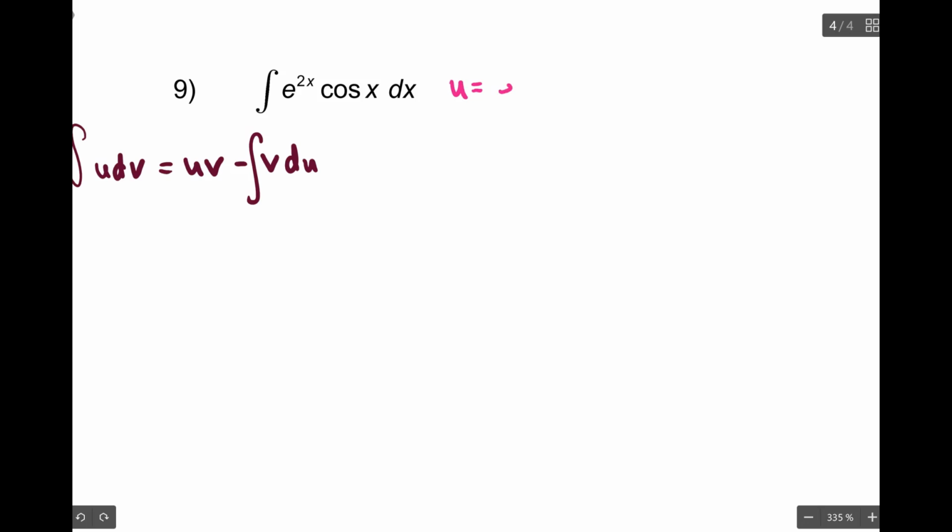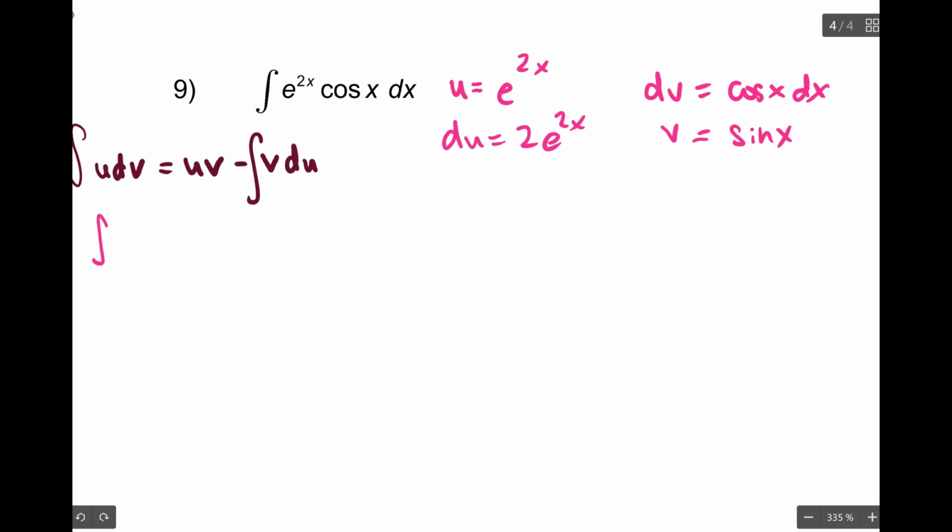So I'm gonna let u equal e to the 2x because that's pretty easy to differentiate. So du is just gonna be 2 e to the 2x. dv is going to equal cosine x dx. So when I integrate that, v is going to equal sine of x. Okay, cool. So let's just go ahead, plug into the general formula.